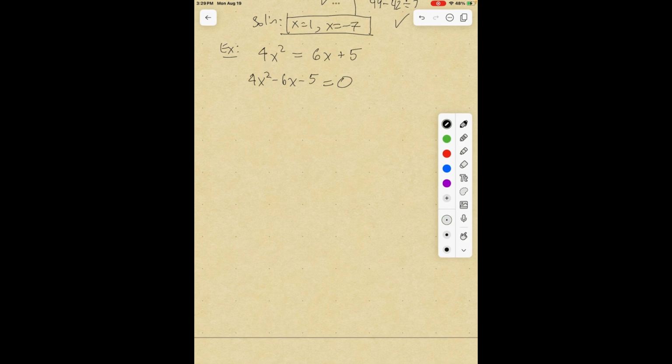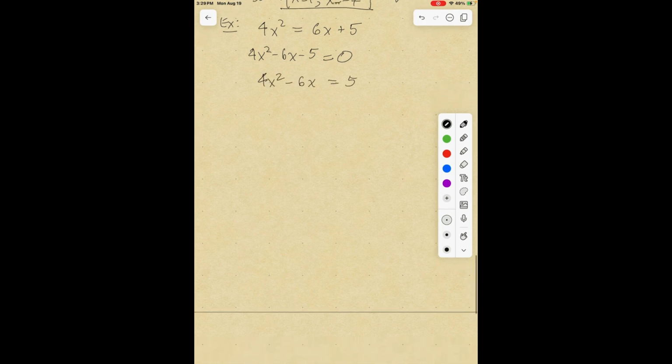What I'm going to do is add 5 to both sides, and now divide both sides by 4. The reason I'm doing this is because I want to lead up to the quadratic formula and how to figure it out. And I also want to lead up to the next application, which will involve this method.